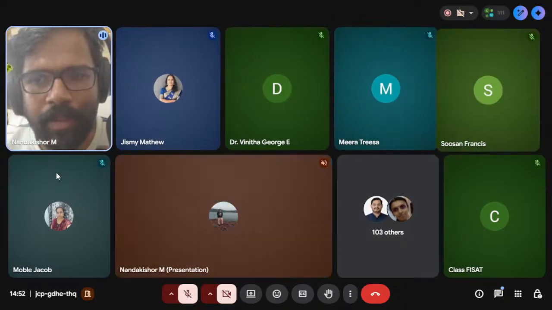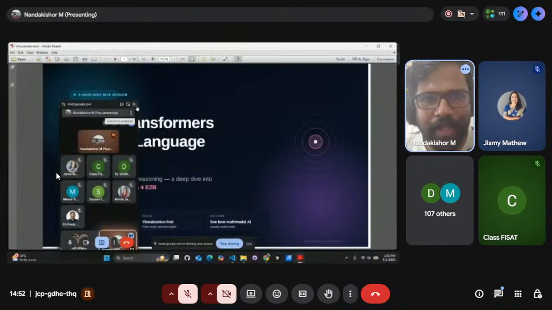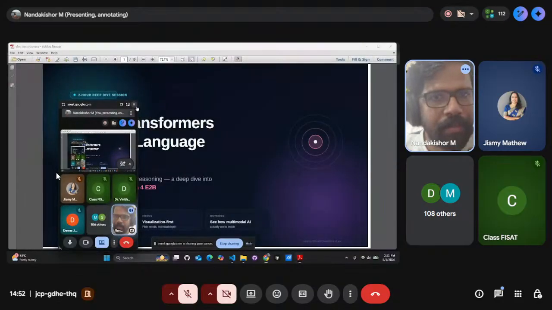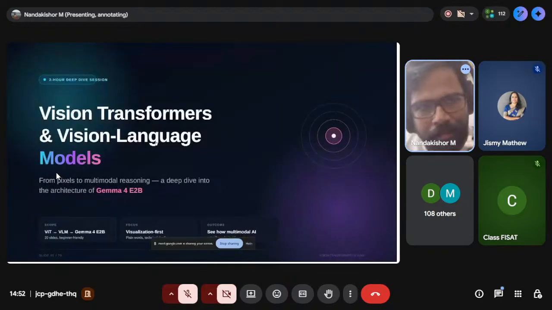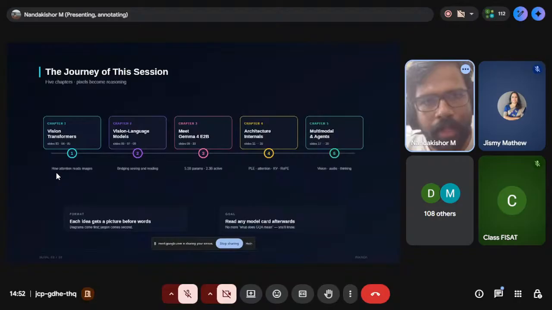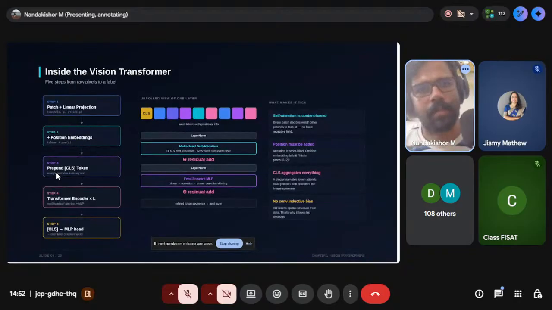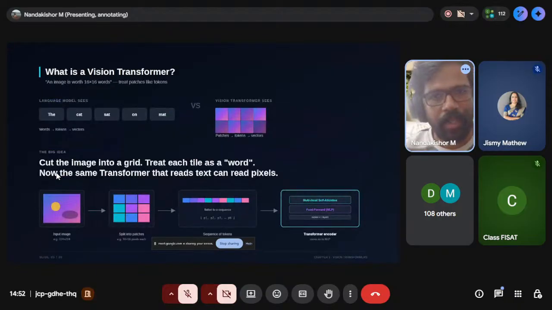It will be more on the presentation side. Vision language models have a lot of complex stuff, like this idea about creating grids.